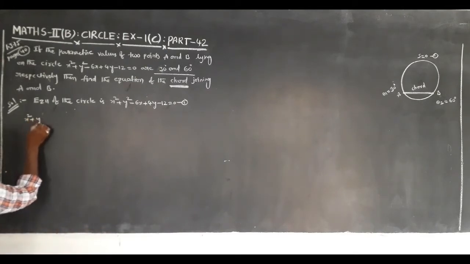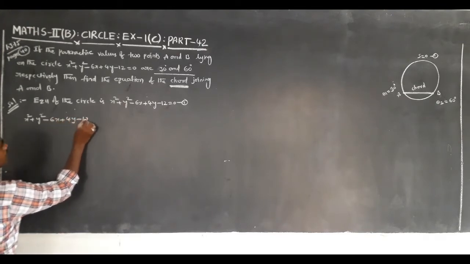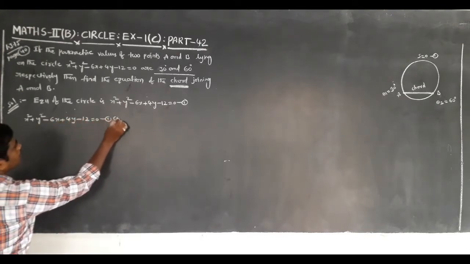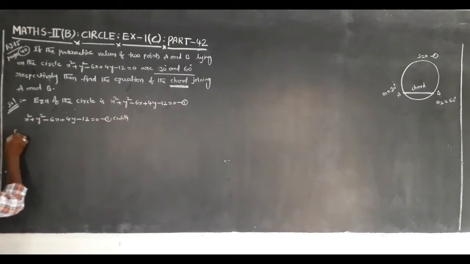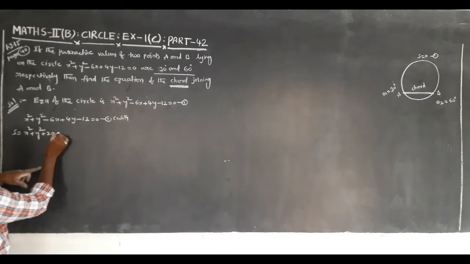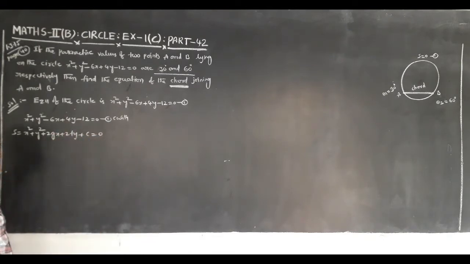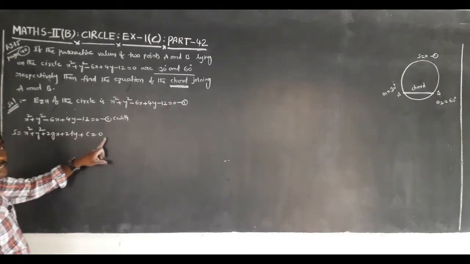Comparing with the general equation of the circle, the general equation is x square plus y square plus 2gx plus 2fy plus c is equal to 0.